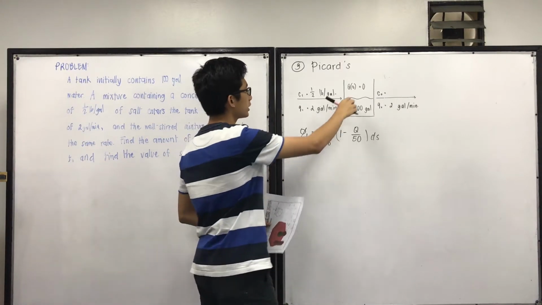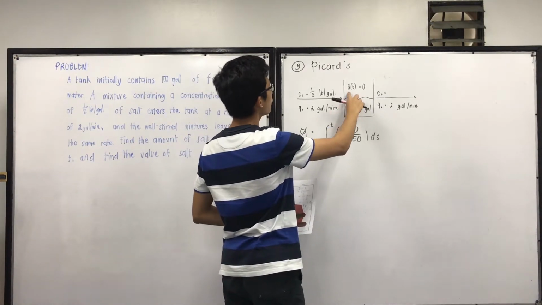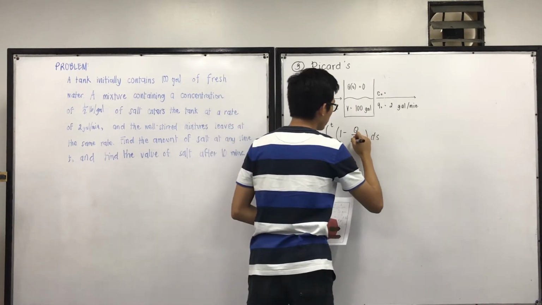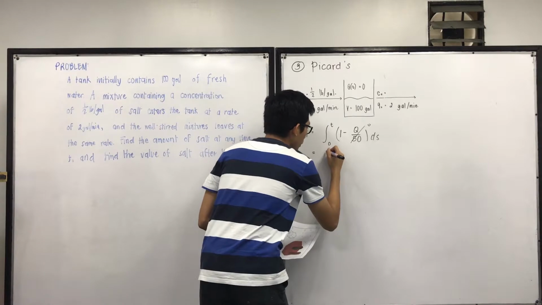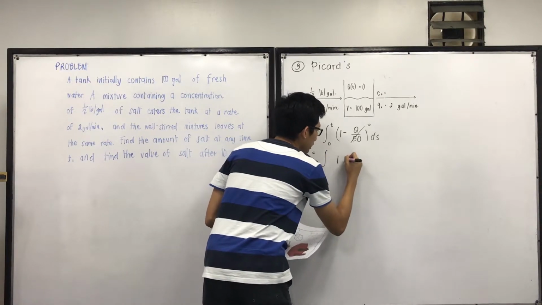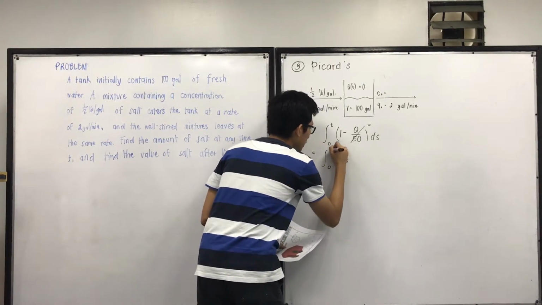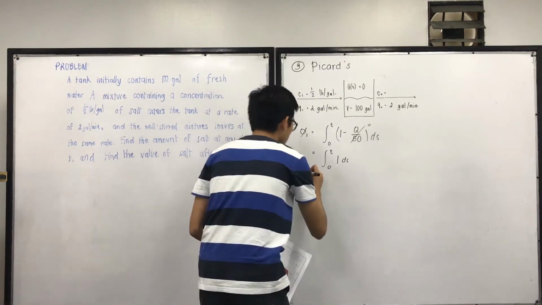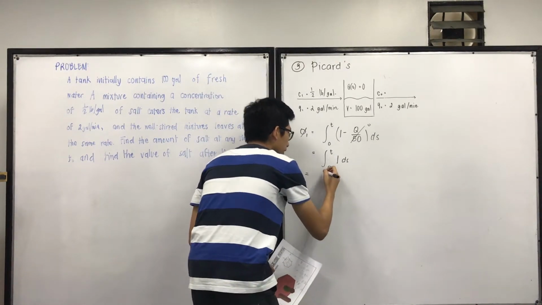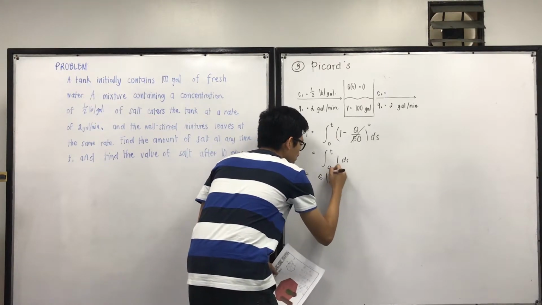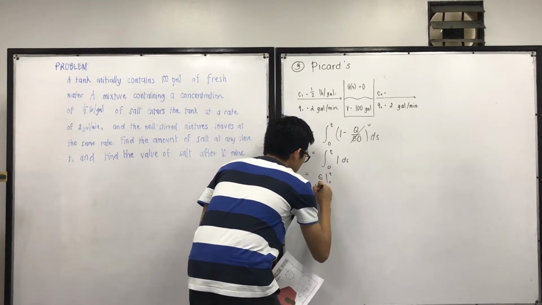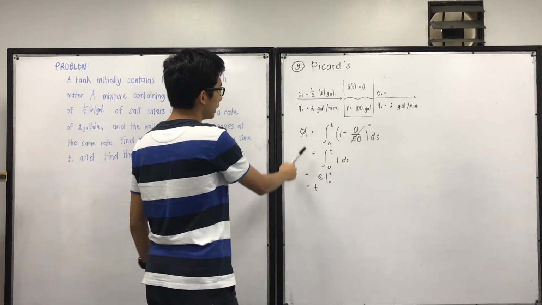Since our initial condition is q of 0 is equal to 0, we are going to cancel this one, since it will be just 0. Proceeding, we will evaluate 1 ds from 0 to t. Integrating, we will have s from 0 to t. Therefore, for phi sub 1, we are going to have t.